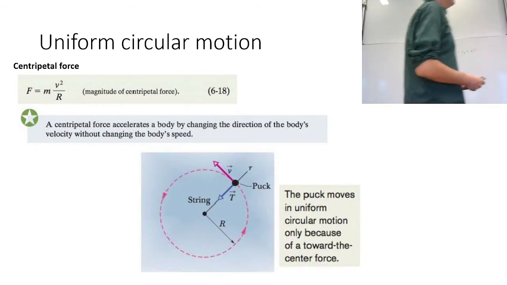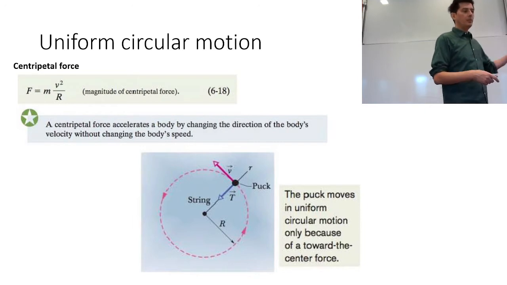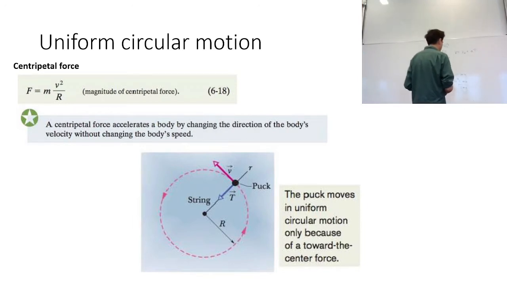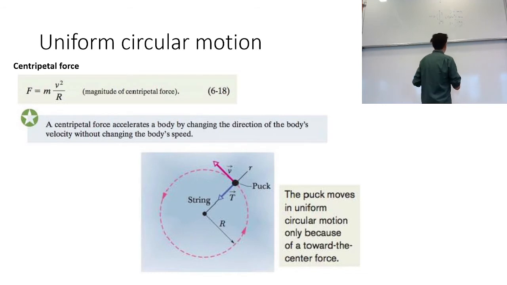So the final thing is uniform circular motion, and we've already done circular motion, but just to remind you what we did with that. Remember we did something like this. We had something moving in a circle.